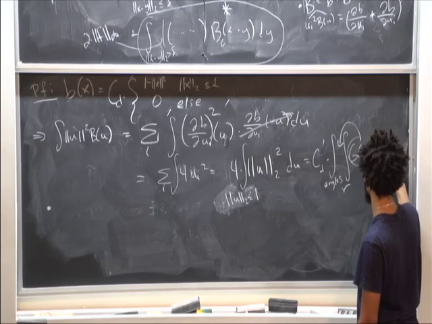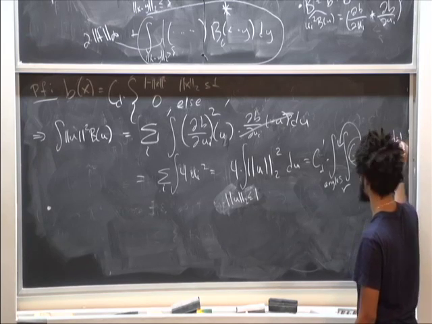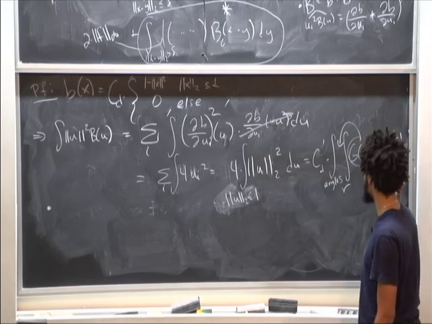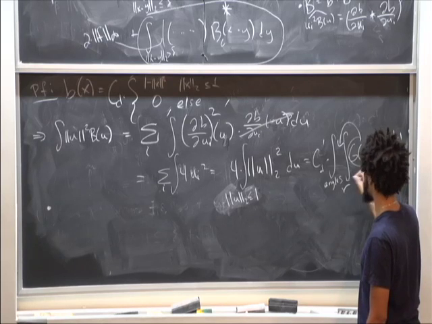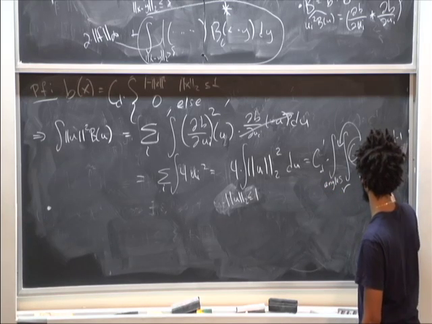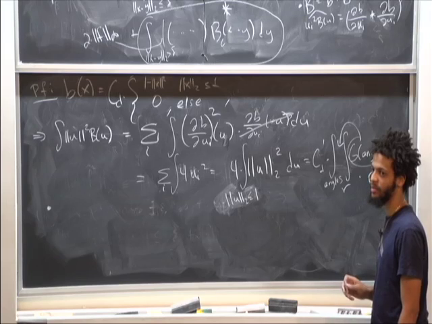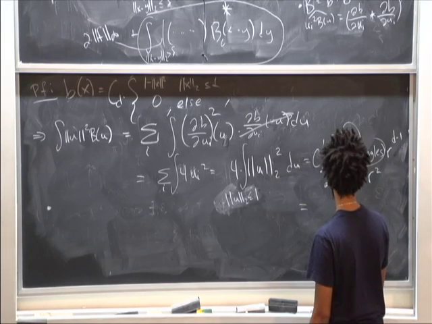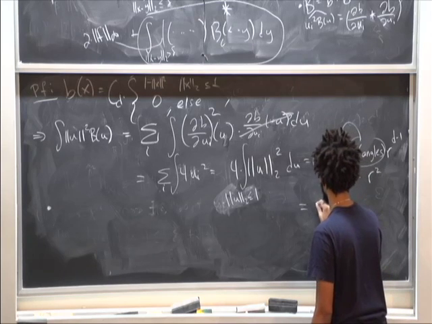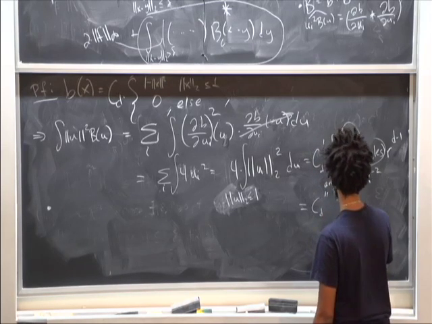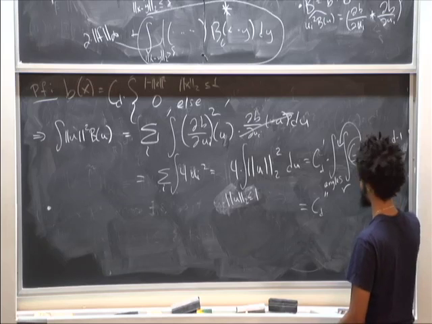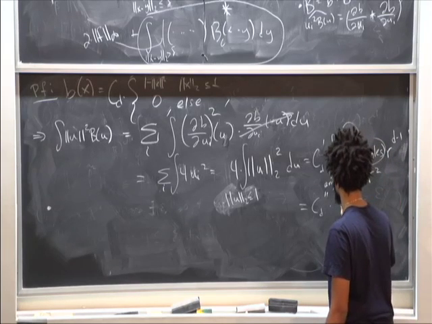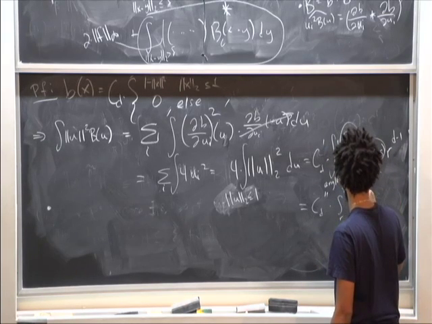The determinant of the Jacobian also has the radius to the d minus 1. And then times the radius squared. So overall, this whole thing is some c_d double prime, once you integrate out the angles, times the integral over r of r to the d plus 1.